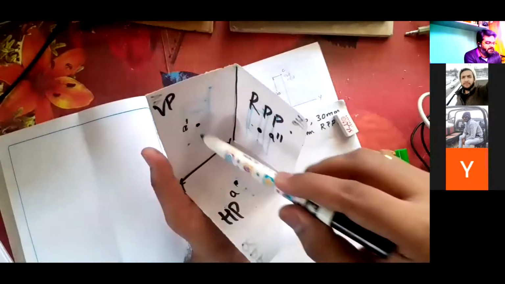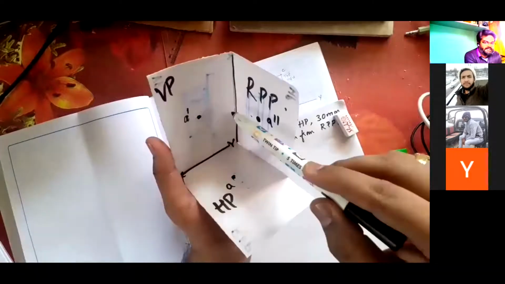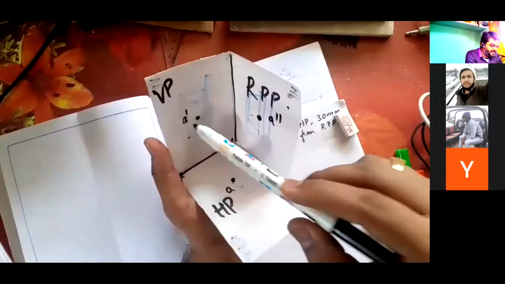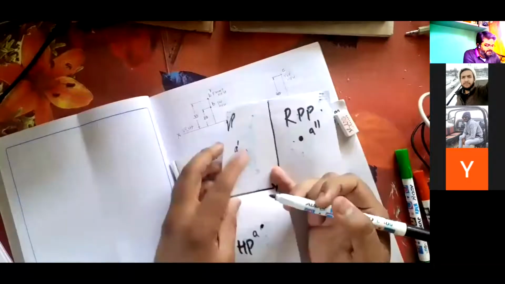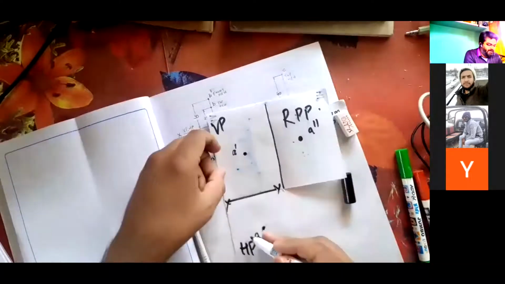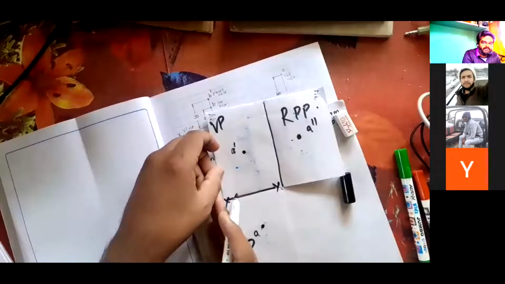At what point? They have given clearly that from RPP it is at a distance of 25 mm. Even you can imagine A dash and A drawn here and here at a distance of 35 mm also, or any distance, 45, and it goes on like that. Even it can be at 10 mm distance.